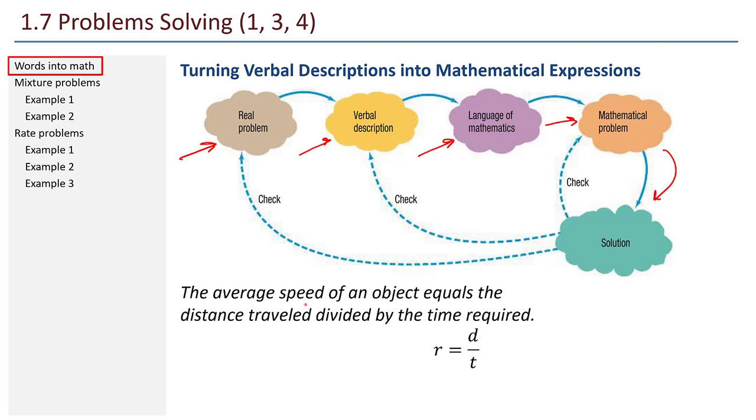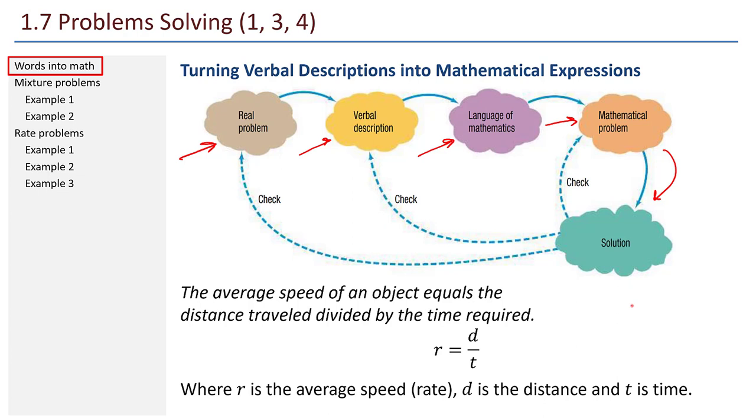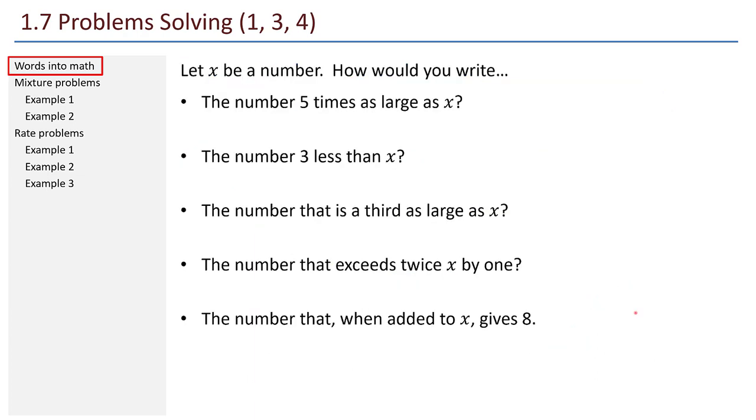The average speed of an object, r, equals the distance traveled, d, divided by the time required, t. Where r is the average speed, that is r for rate, d is the distance, and t is time. So this is how we might take a statement in words and turn it into a mathematical statement.